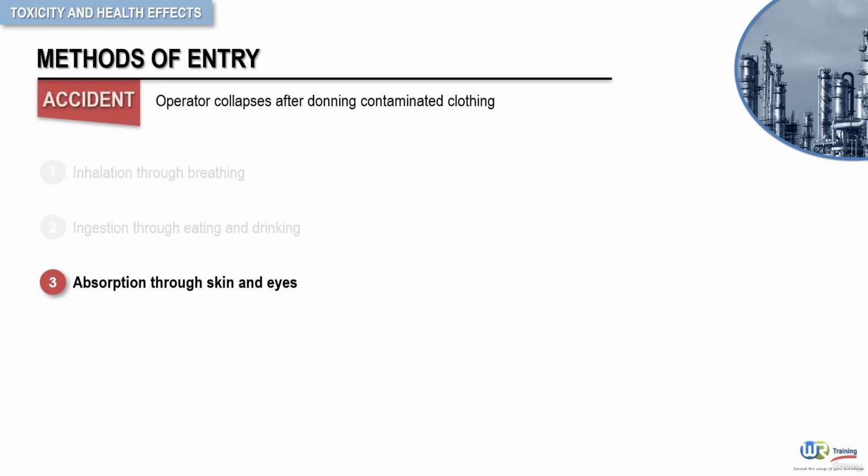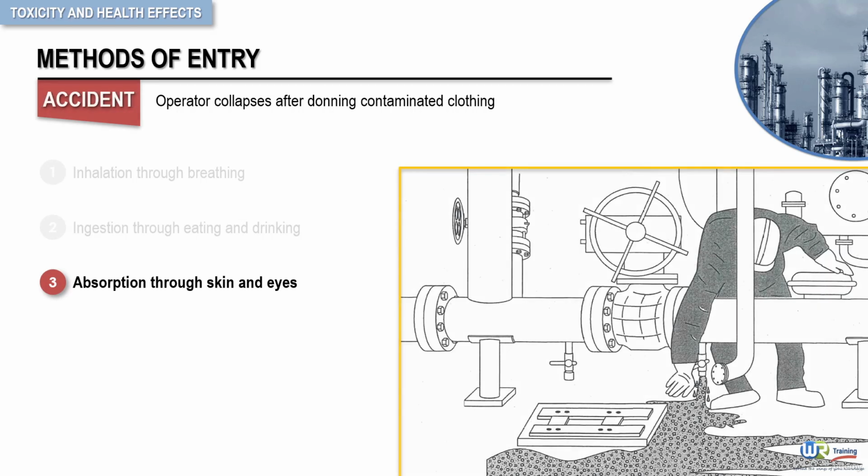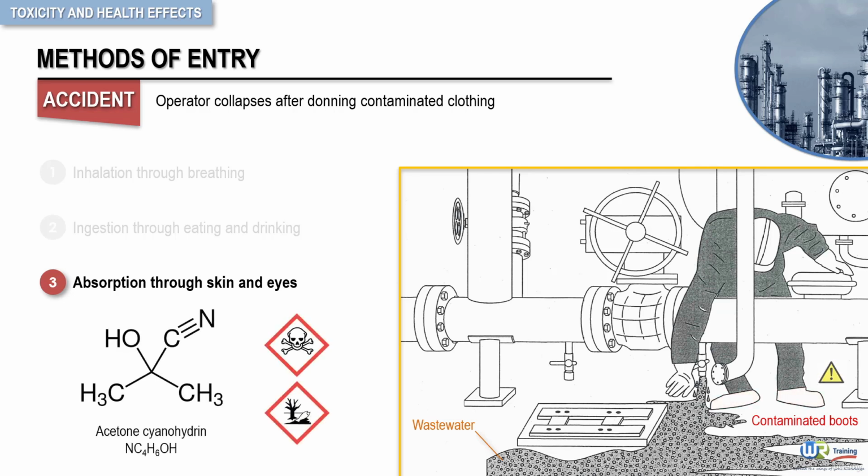In this accident example, an operator collapses after donning contaminated clothing. An operator was opening a bleed valve when he was splashed with wastewater. The wastewater was from the acetone cyanohydrin plant. He later returned to the control room. His colleagues, observing that he was looking unwell, suggested that he have a shower and get some rest. After showering, the operator put on his old contaminated boots and collapsed.